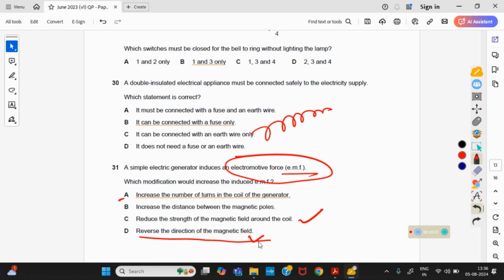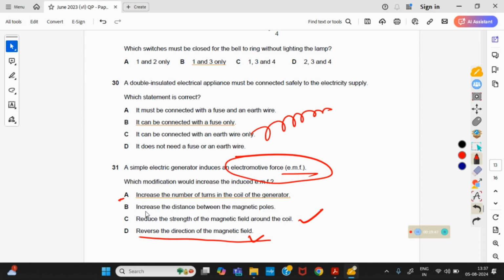So if you reverse the direction of magnetic field, there will be a change in the direction of the induced EMF, not in the strength of the induced EMF. So it is unaffected. We will not be able to increase or decrease by just reversing the direction of magnetic field because it will reverse the direction of current and induced EMF.